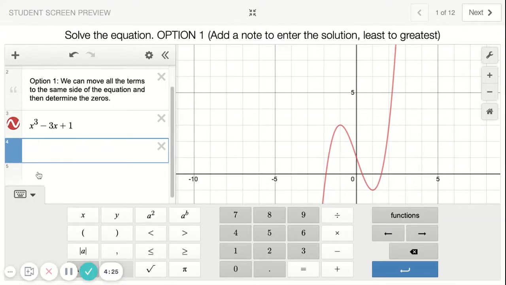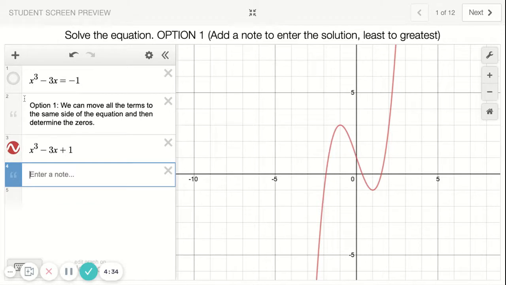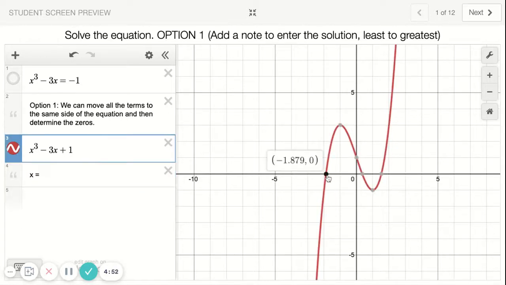Over here, you're going to put your answers on the 4th line. Now to add a note, in the top left, you're going to hit the plus button. You can hit note. This way it doesn't try to graph it, because it recognizes that this is just you trying to communicate with me what your answer is. So you're going to put in x equals, the first one was -1.9.